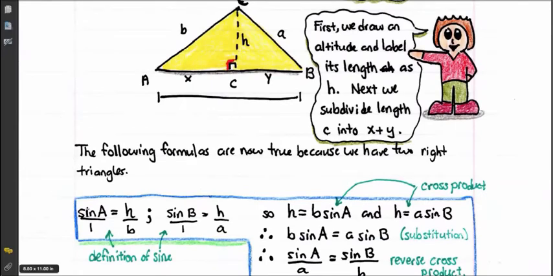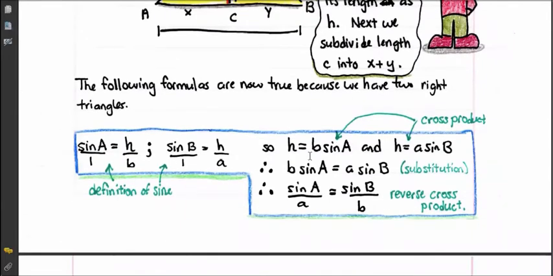Look at the sine of angle A. Sine is defined to be opposite over hypotenuse, so that's h over b. Look at the sine of angle B. That's h over a, opposite over hypotenuse. So using cross multiplication, I now know that h can be written as b times sine A, and h can also be written as a times sine B.